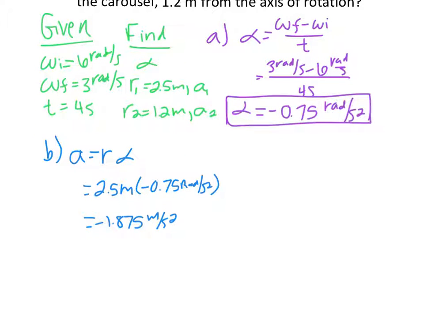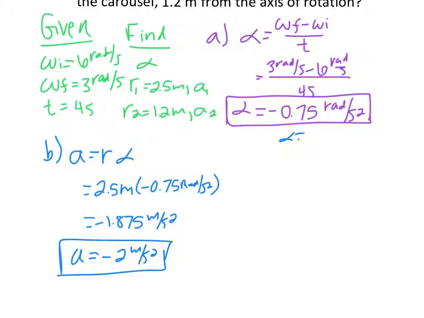So for the person on the end, their acceleration is about negative 2 meters per second squared. I didn't round this. The first one should be about negative 0.8 radians per second squared.